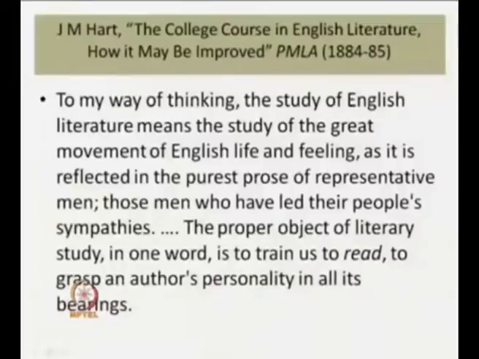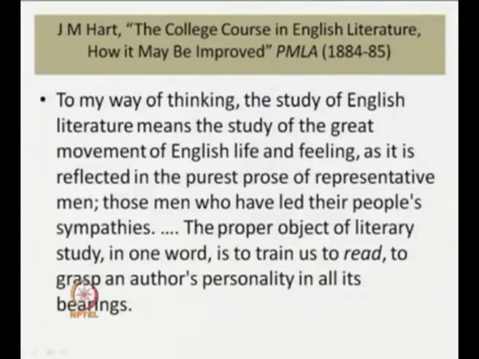Now, let us look at an early essay by J. M. Hart, published in PMLA. PMLA is the Publications of the Modern Language Association in the US, and it is considered one of the core journals in English literature. This essay, 1884 to 85, is entitled The College Course in English Literature, How It May Be Improved.